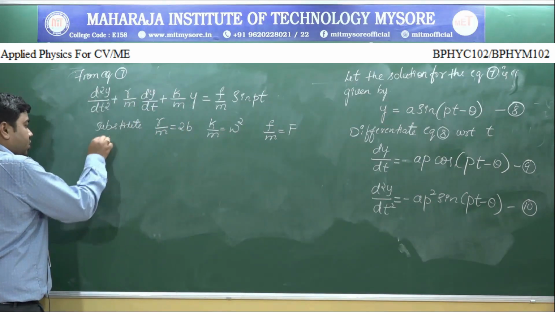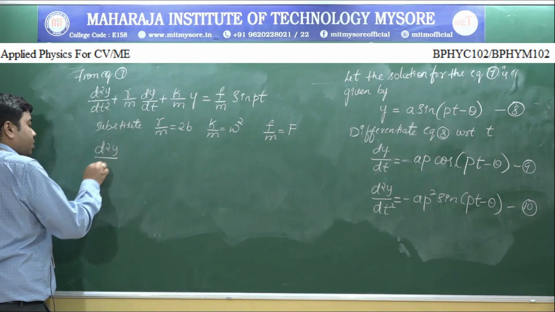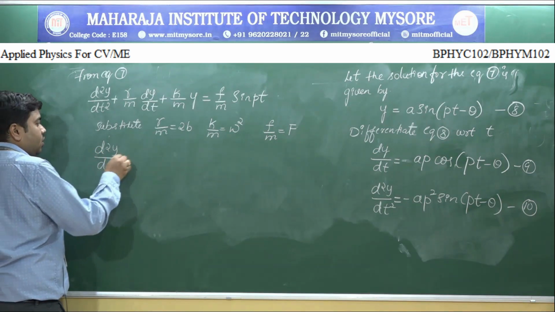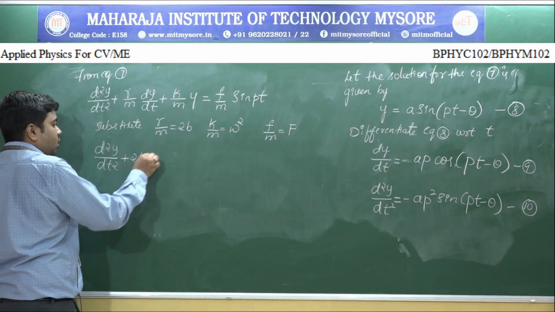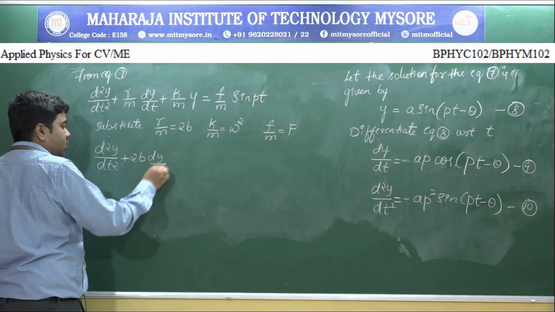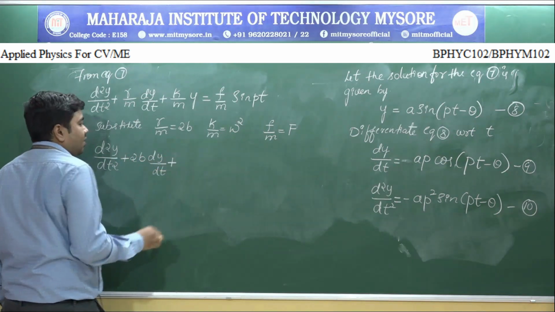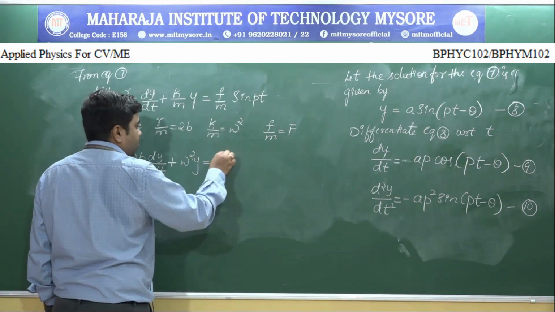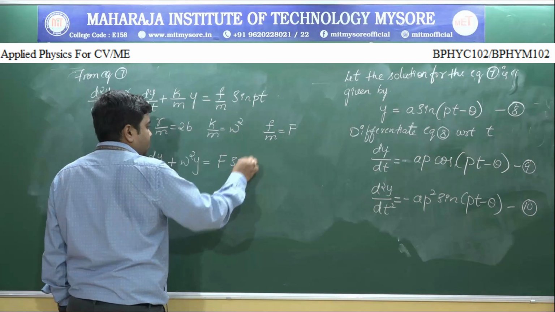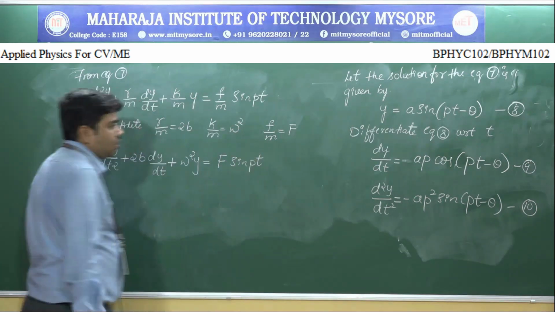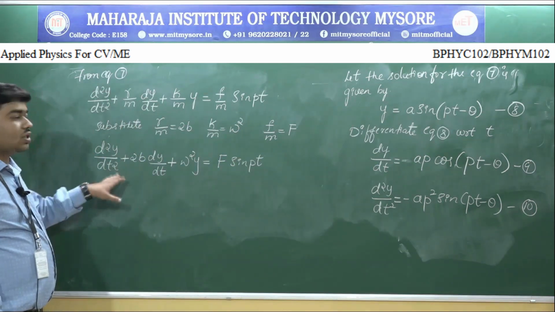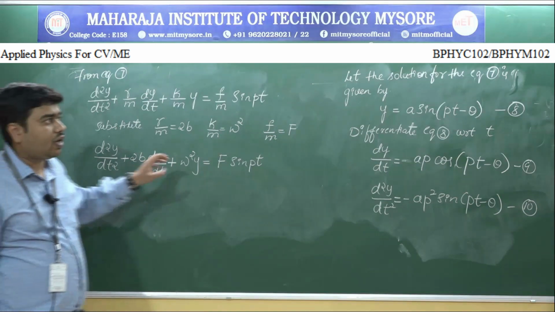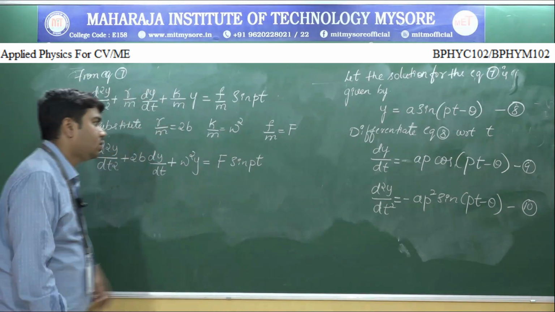So, this differential equation becomes d square y by dt square plus 2b into dy by dt plus omega square y is equal to capital F sin pt. To this differential equation we will substitute the values of 8, 9 and 10.